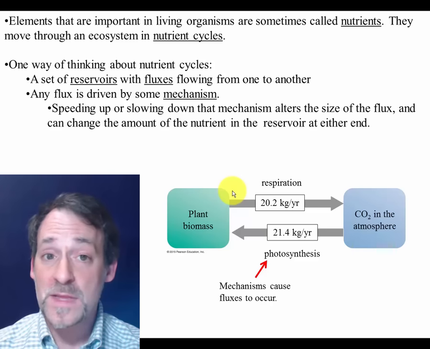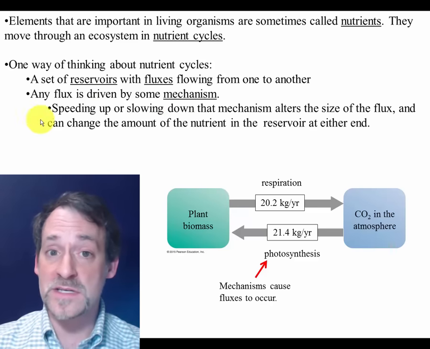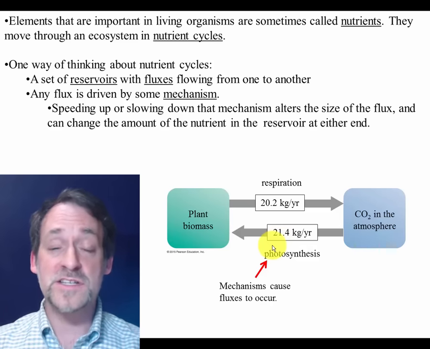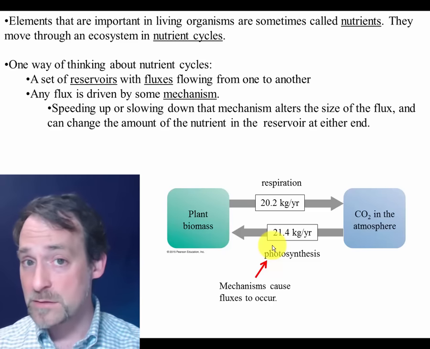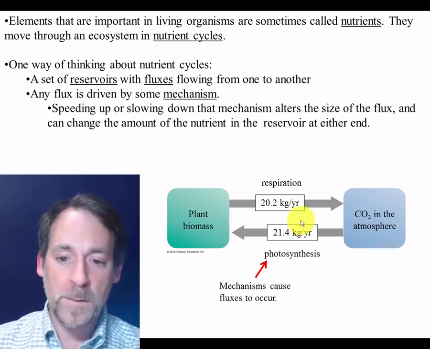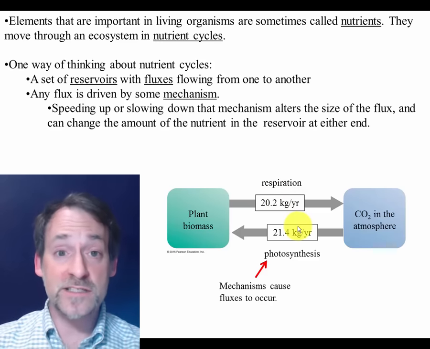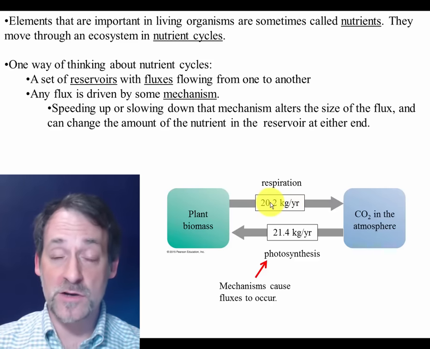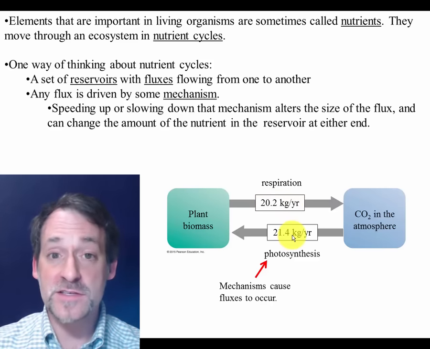If a mechanism is speeded up or slowed down, it's going to change the size of a flux, and in turn, that can change the amount of an element that's bound up in a particular reservoir. So for example, if you really heat stress plants, the respiration rate goes up a lot faster than the photosynthesis rate does.